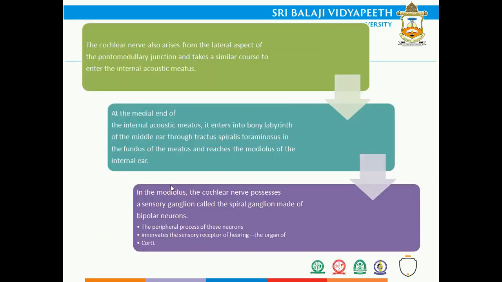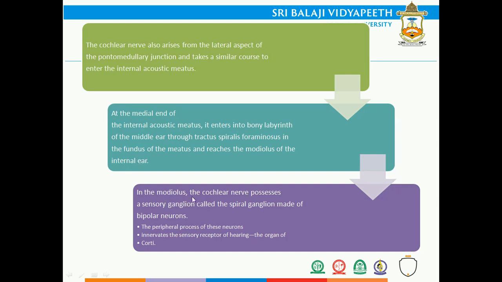So, to talk about the course of this nerve, the cochlear nerve arises from the lateral aspect of the pontomedullary junction and takes a course into the internal acoustic meatus. Then, at the medial end of the internal acoustic meatus, it enters the bony labyrinth through the tractus spiralis foraminosus, and in the fundus of the meatus, reaches the modiolus of the internal ear.